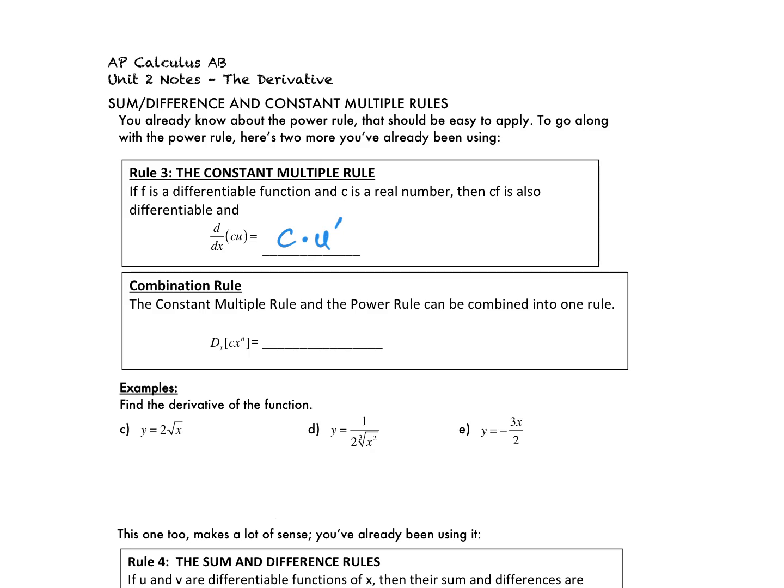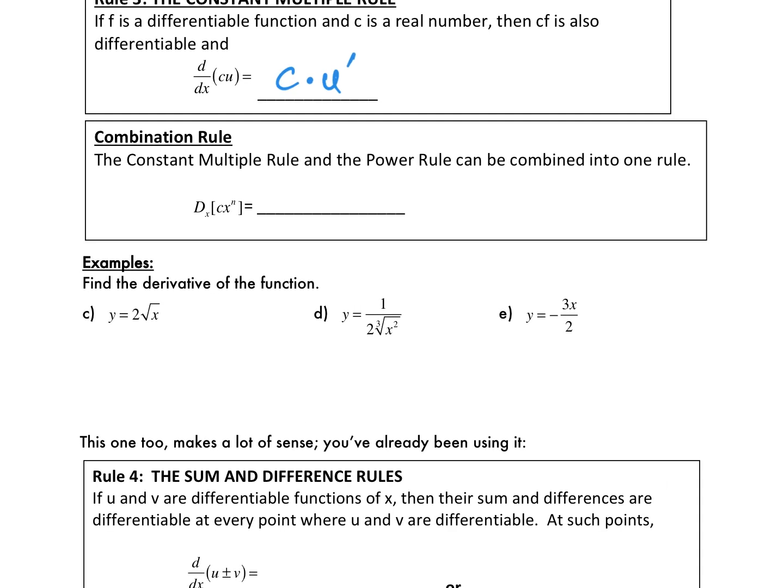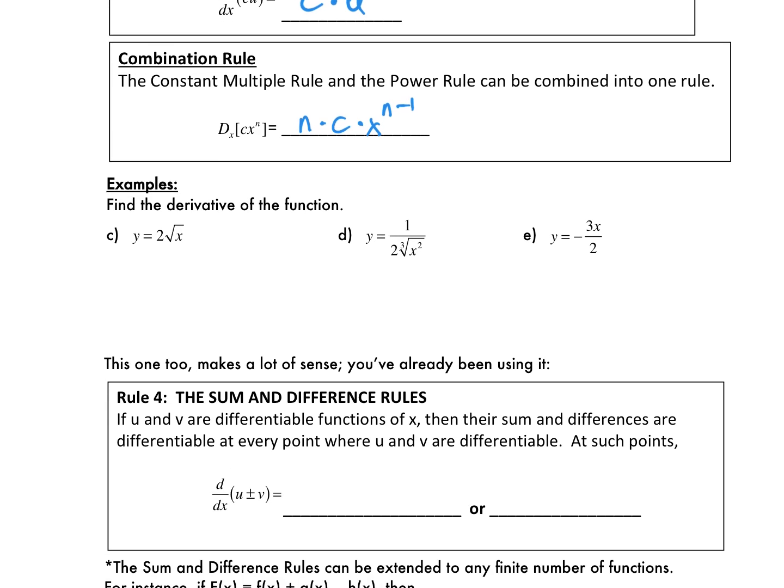Okay, so what does that mean in terms of a power rule situation? Well, what it means is I'm going to take this power, bring it down and multiply it by whatever's in front, and then I'm going to drop the power by 1 in my derivative. Okay, so we've kind of seen this a little bit at work here.